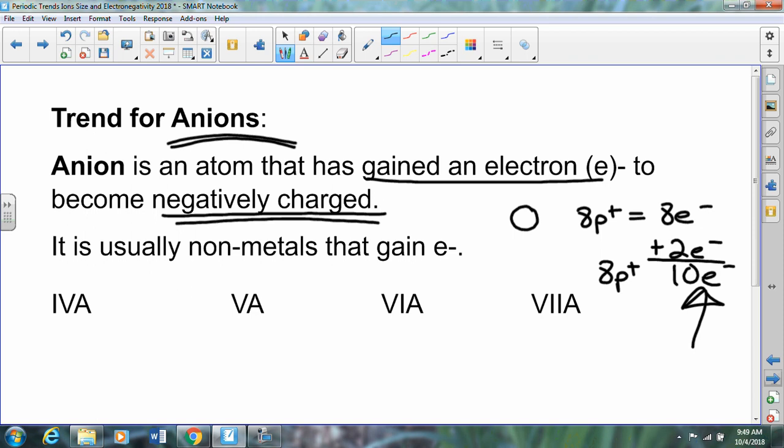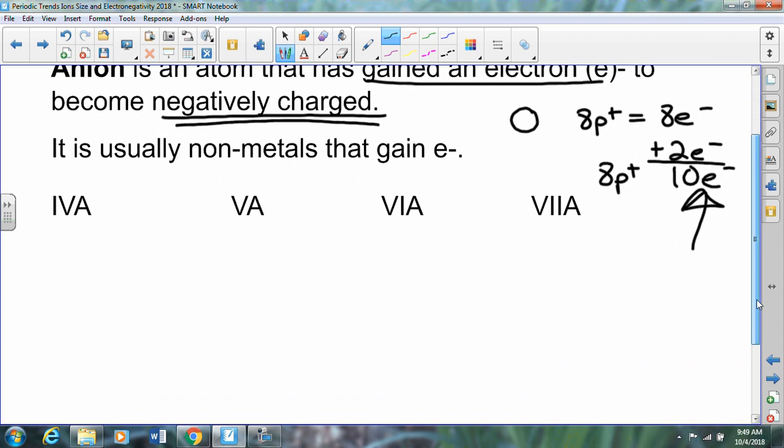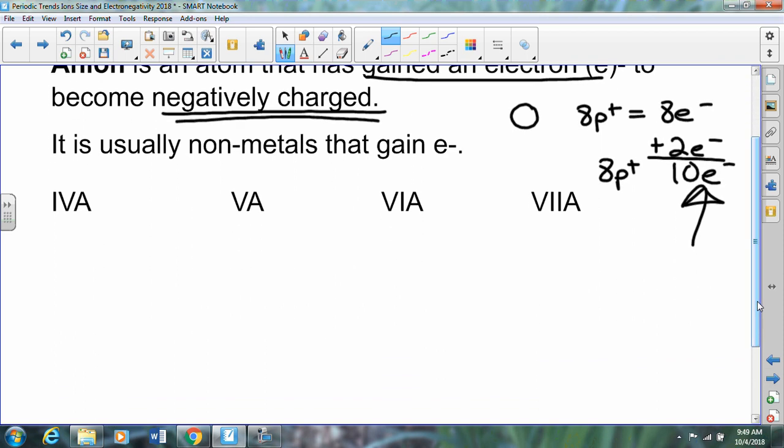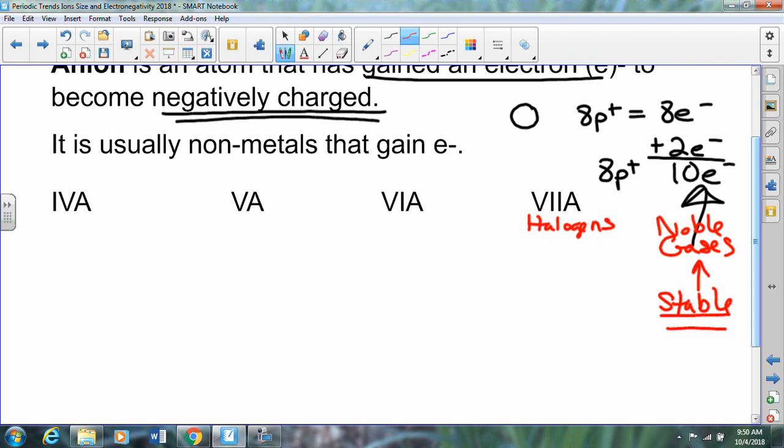Most of these nonmetals that are gaining electrons are trying to be like a noble gas. Remember, right here, these are the halogens. Next to it are the noble gases. These guys are stable. Everything wants to be like them. So right here, these tend to have 7 valence electrons. Not 10.